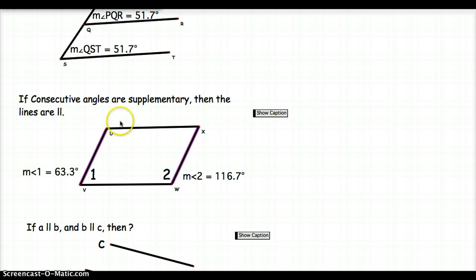If I'm talking about consecutive angles, which we also call consecutive interior angles, I need two angles that are in between parallel lines that are consecutive, one right after another. Here are our parallel lines, and here's one right after another.